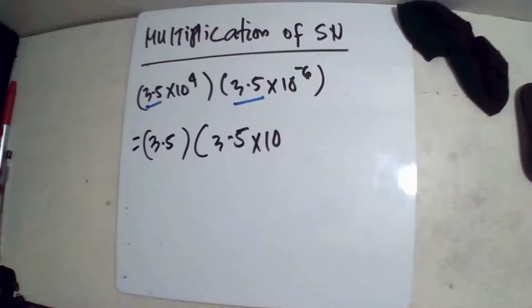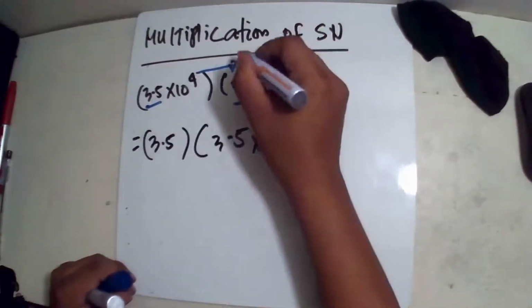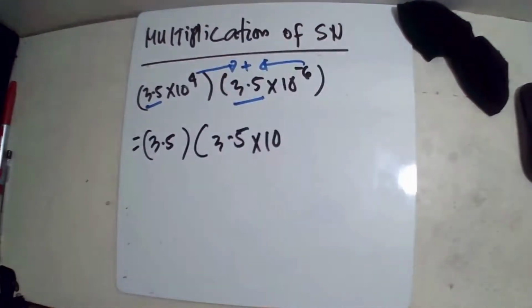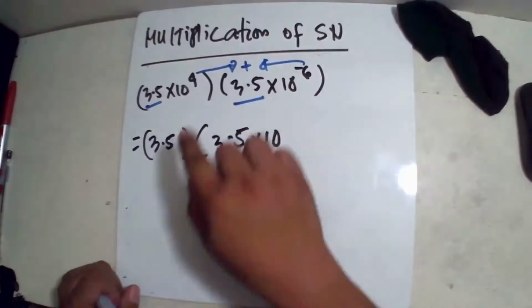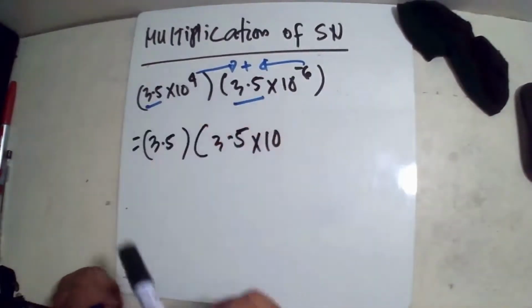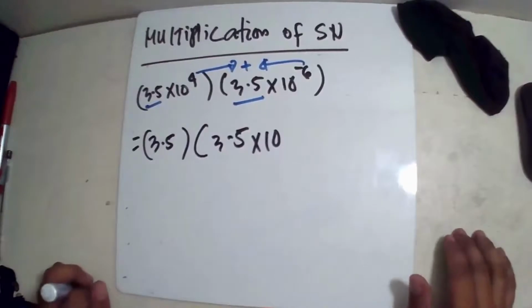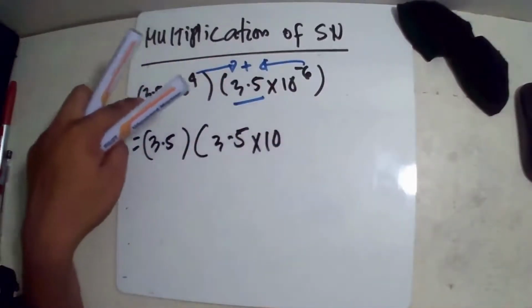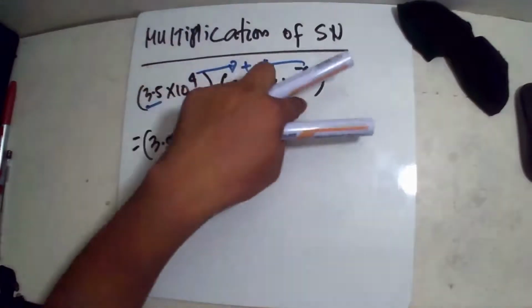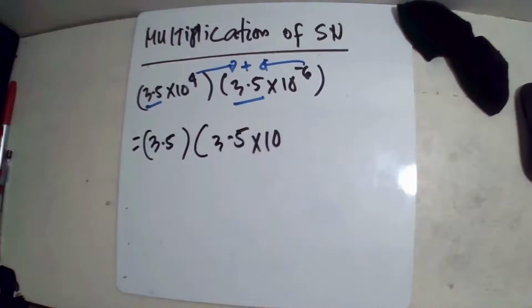In multiplication, we just have to add the exponents of the expressions of scientific notation. The exponent here is 4 and the exponent here is negative 6. We will just have to add the exponents.